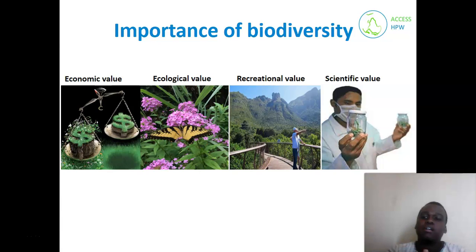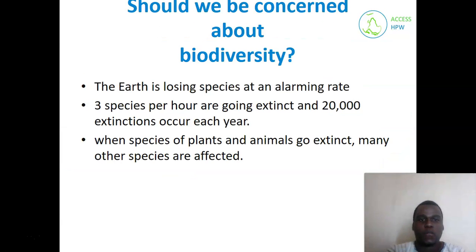So biodiversity is very, very important and crucial for the survival of man on Earth, because without these ecosystem services, we won't be able to survive on planet Earth. So, the Earth is losing species at an alarming rate. It's estimated that 3 species per hour are going extinct, and about 20,000 extinctions occur each year.